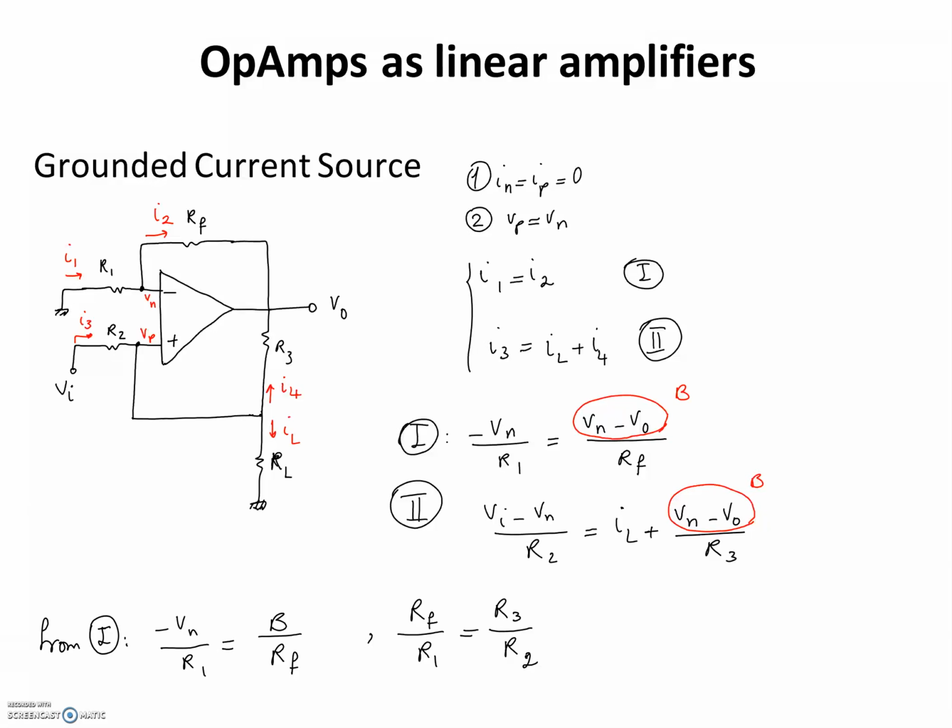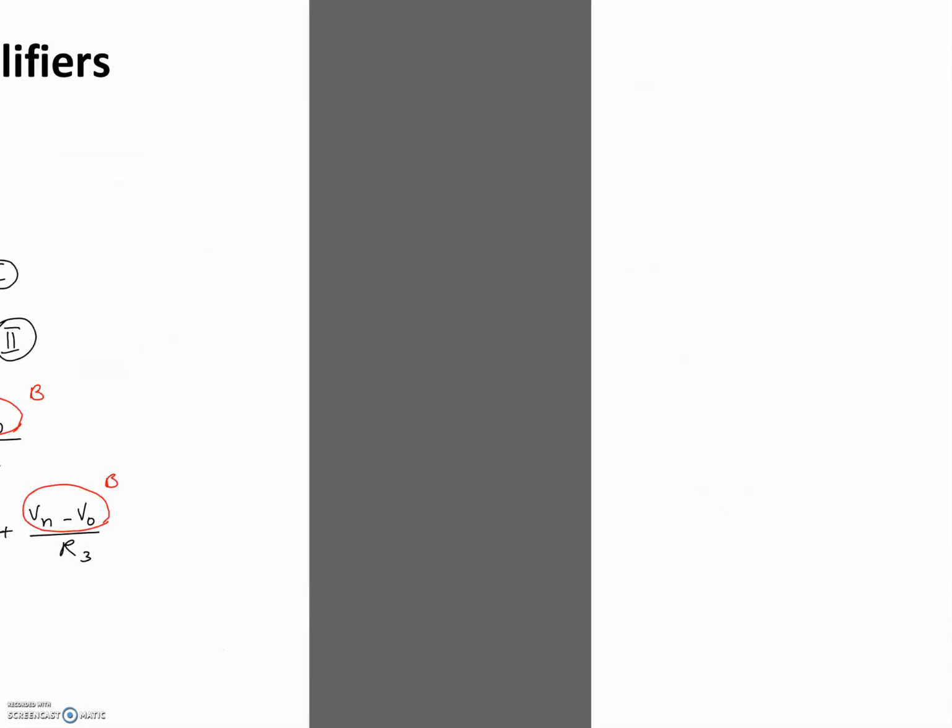So we're going to choose the values of these resistors such that Rf over R1 would be equal to R3 over R2, and if it is so, then the circuit is going to act like a current source. So let's do that and see how IL is related to Vi.